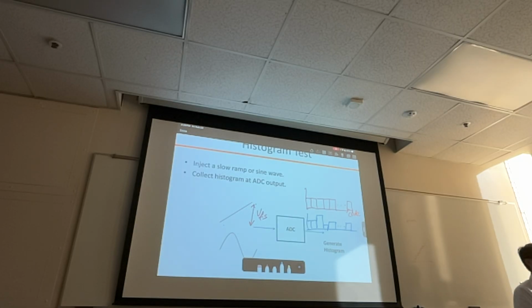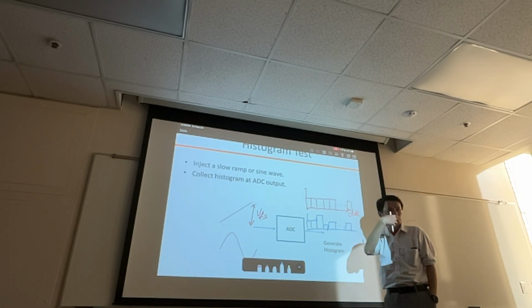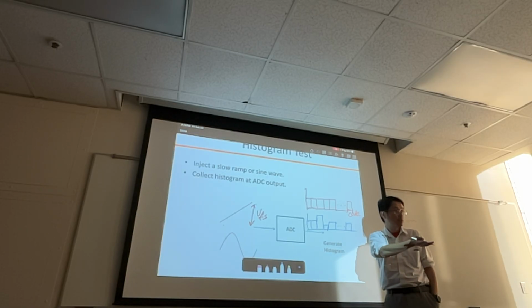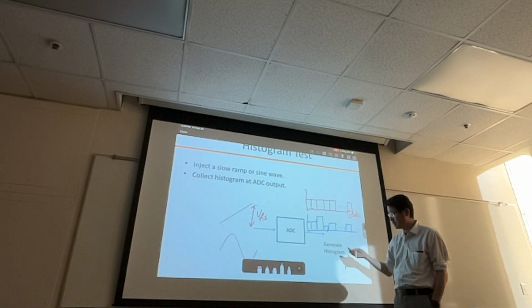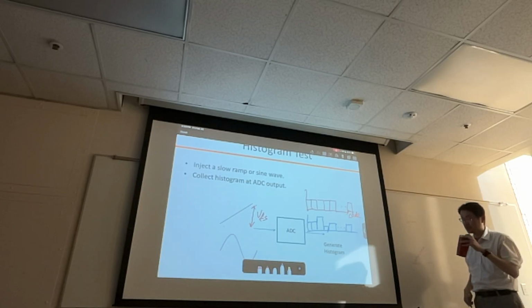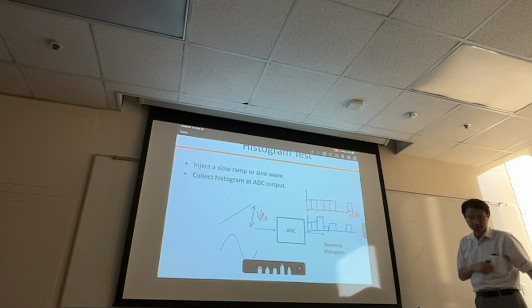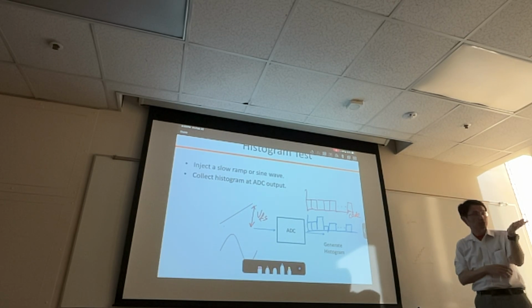And that is exactly how you measure the DNL. Especially in simulation, you guys are going to simulate, right? So if you want to measure your DNL effect, you can use this way to characterize DNL. And by the way, how do I measure the INL?